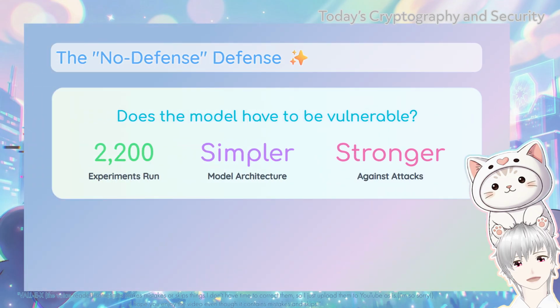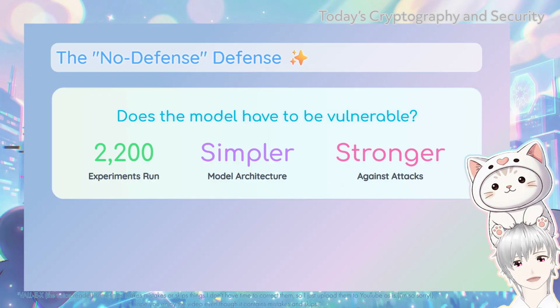So the researchers of this paper asked a really brilliant question. They asked, does the model even have to be vulnerable in the first place? They argued that it does not. They did a massive study, running about 2,200 experiments. They changed things like the depth of the neural network, the number of features it looks at, and the math functions it uses, which are called activation functions.